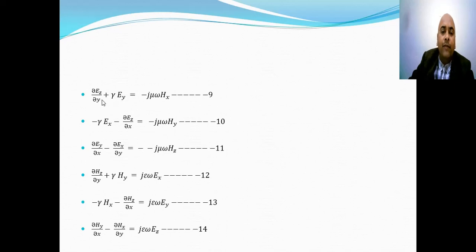So this is the value that we obtain after putting the values of derivatives with respect to curly z. So by putting curly upon curly z in equations 1 to 6, we obtain equations 9 to 14.